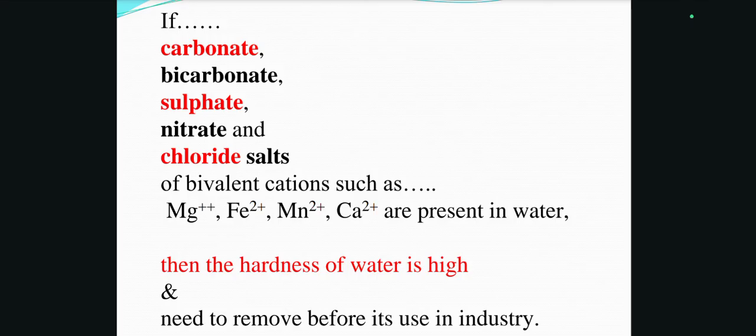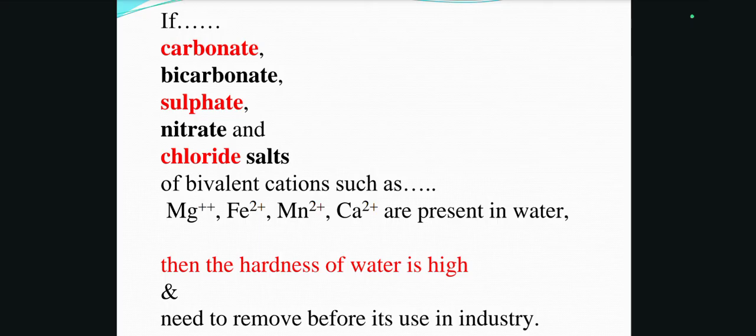So these are the salts present in the water, and these salts are responsible to make water hard. So Mg2+, you can say magnesium carbonate, magnesium bicarbonate, magnesium sulfate, magnesium nitrate, magnesium chloride. Likewise for Fe2+, right?